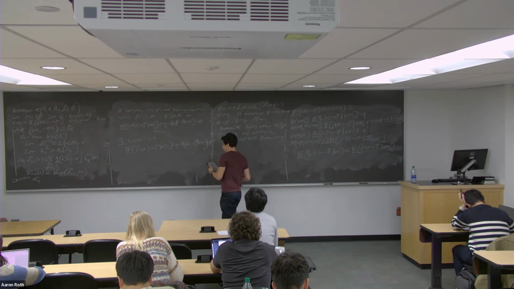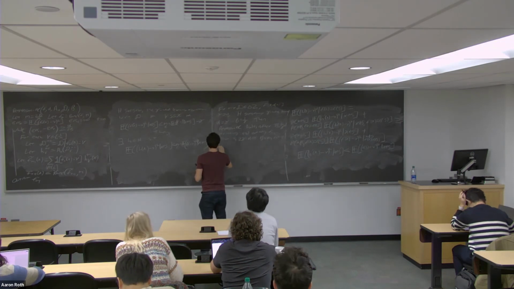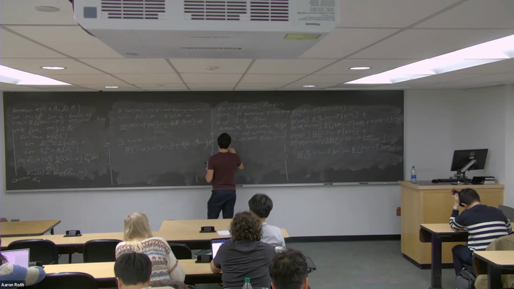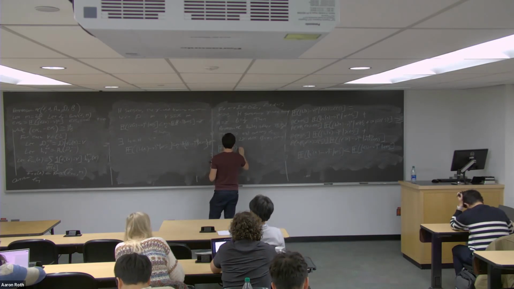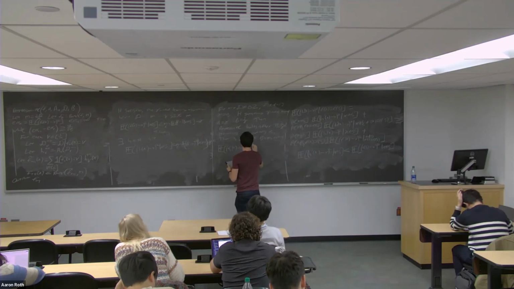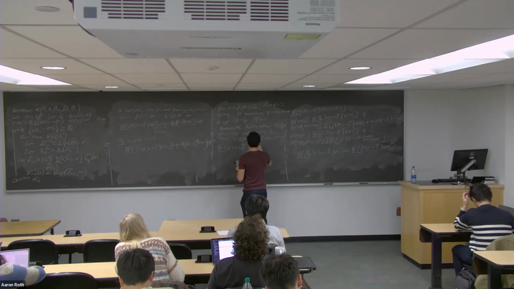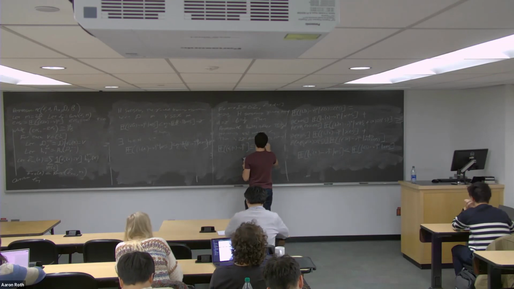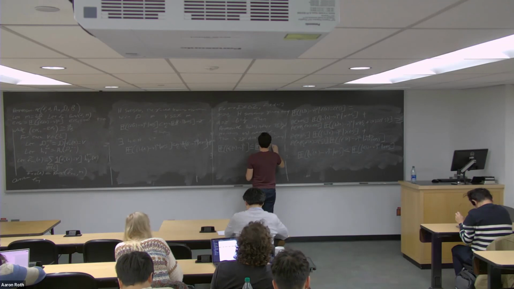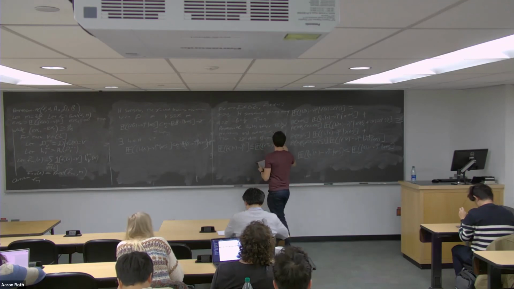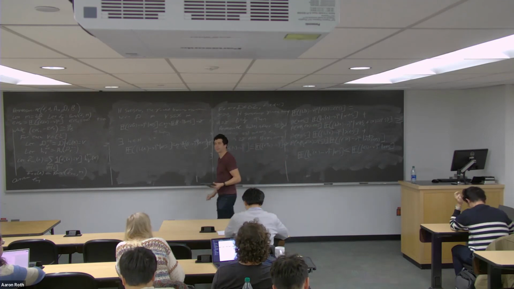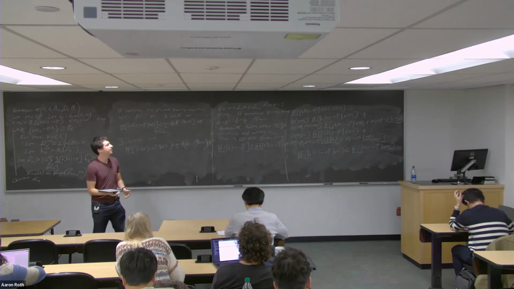By which I mean the squared error of the function you get out of this boosting algorithm is at most the squared error of the Bayes optimal predictor plus 2 gamma. So you actually get a quantitative version of this.